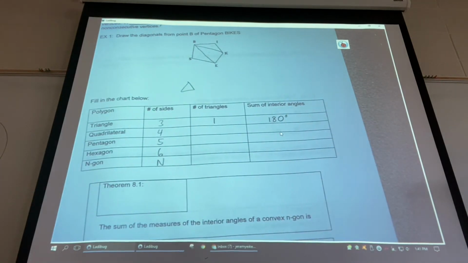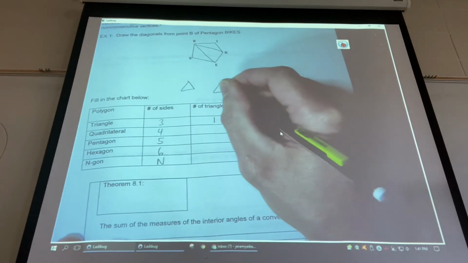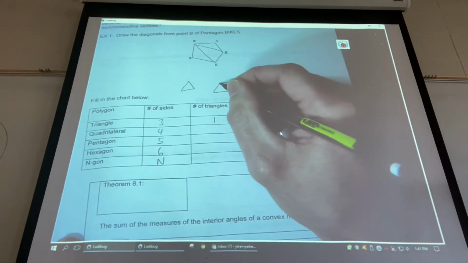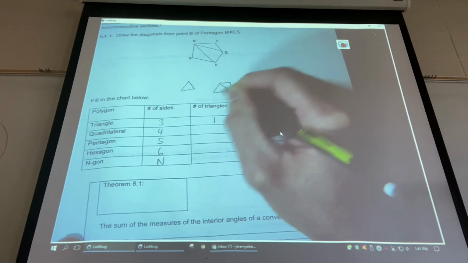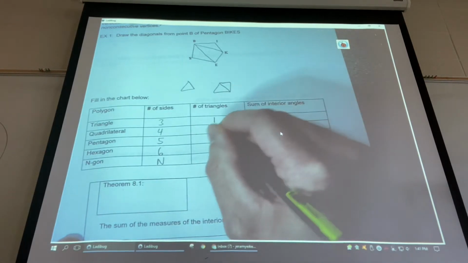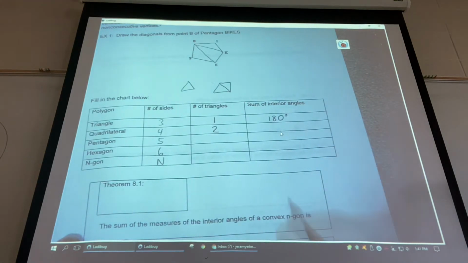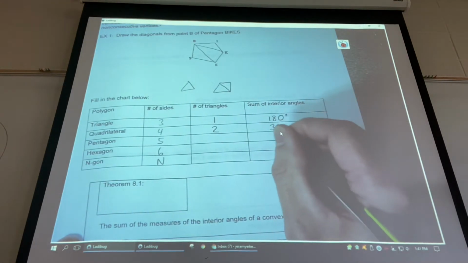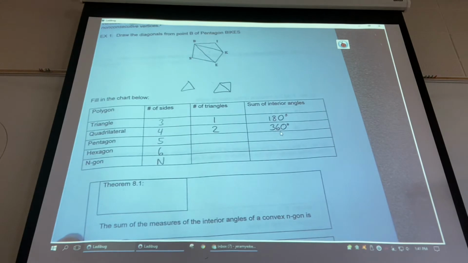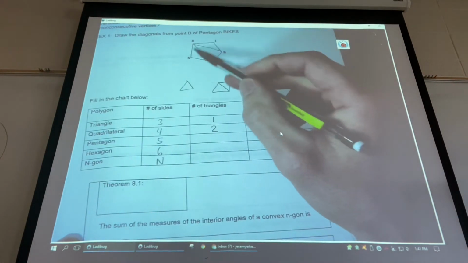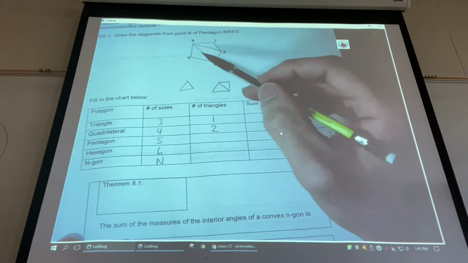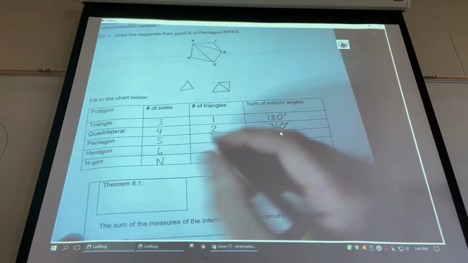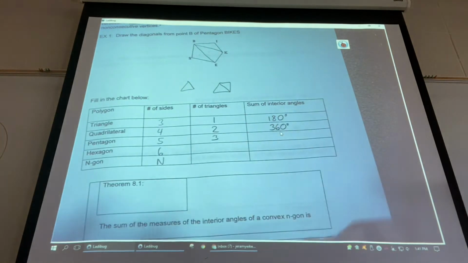If you've got a quadrilateral, pick a vertex and draw a diagonal. How many triangles do we have? 2. 2 times 180 is 360. Don't we have 5 sides here? We do. How many triangles? 3. 3 times 180? 540.